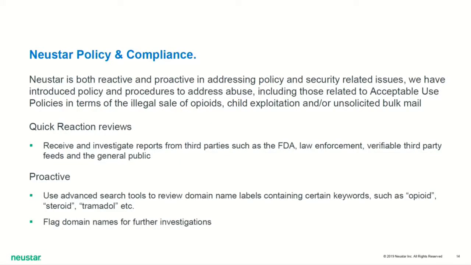So Neustar, from the registry side, is both reactive and proactive in addressing not only security, but also policy-related issues. We've introduced some policy and security procedures to address abuse, including those related to many of our domain acceptable use policies, in terms of the illegal sale of opioids, for example, child exploitation, which I know we spoke a little bit about yesterday for those of you that were here, and also unsolicited bulk mail.